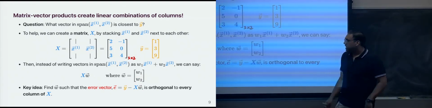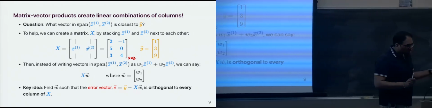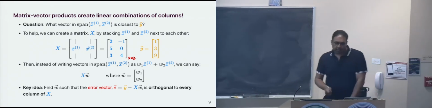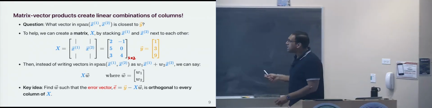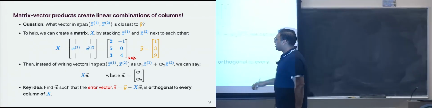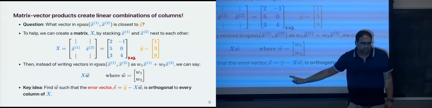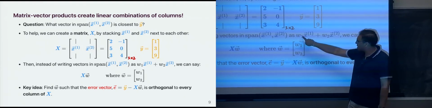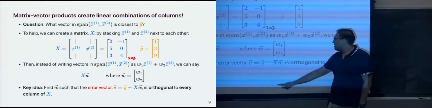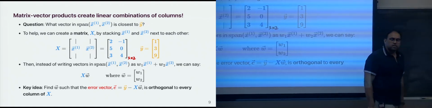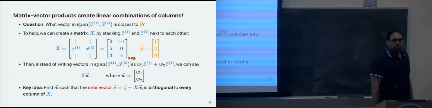Okay? And so my goal is still the same. Like all this is just another way of reorganizing the information I have. The goal is to find the w that makes the error vector y minus Xw, again, the Xw here is just the new w1 x1 plus w2 x2, orthogonal to every column of X. Okay?